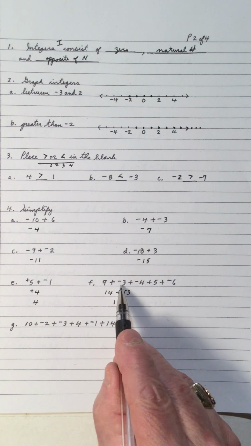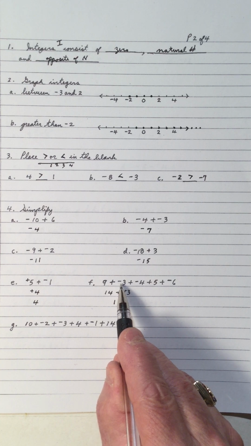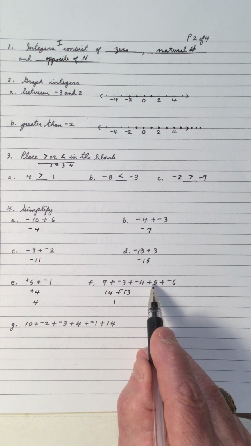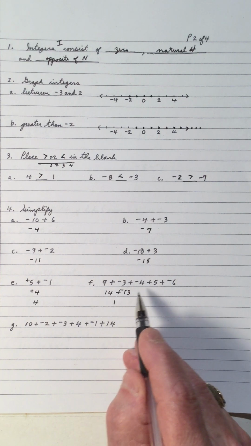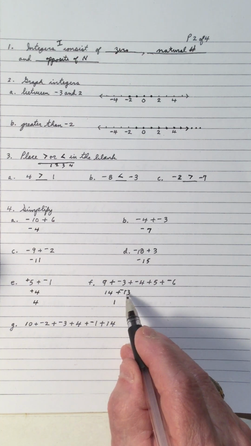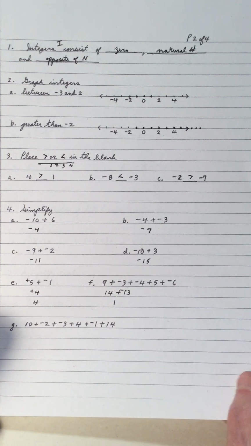So if you did it this way, 9 add on negative 3 is 6, 6 add on negative 4 is 2, 2 add on 5 is 7, 7 add on negative 6 is 1. So I find it's better to add up the positives, then add up the negatives, and then subtract the two numbers. Much quicker that way, instead of flipping back and forth.